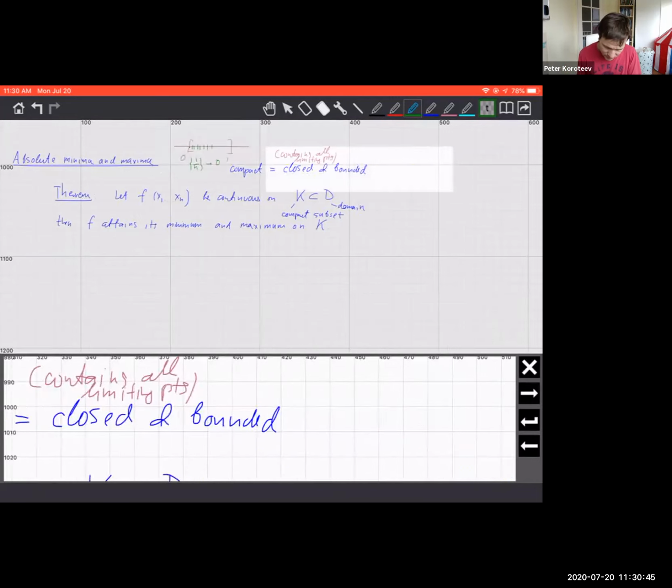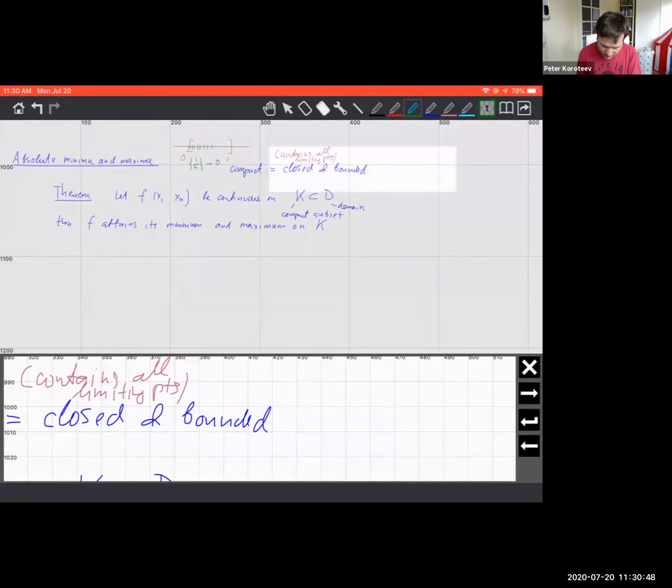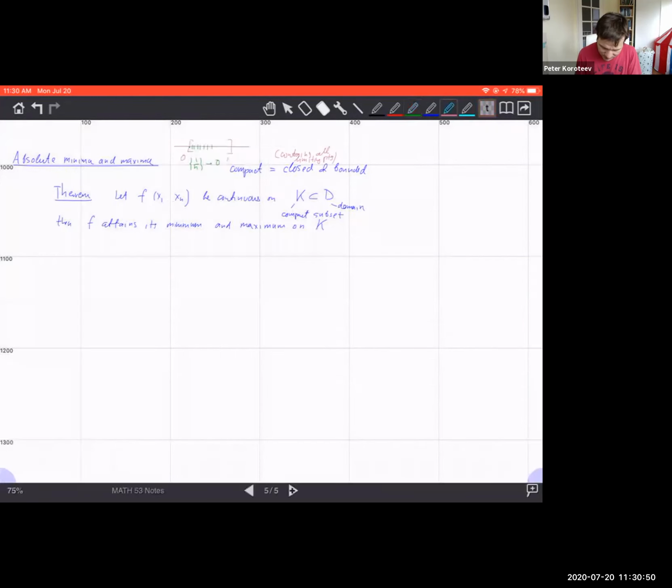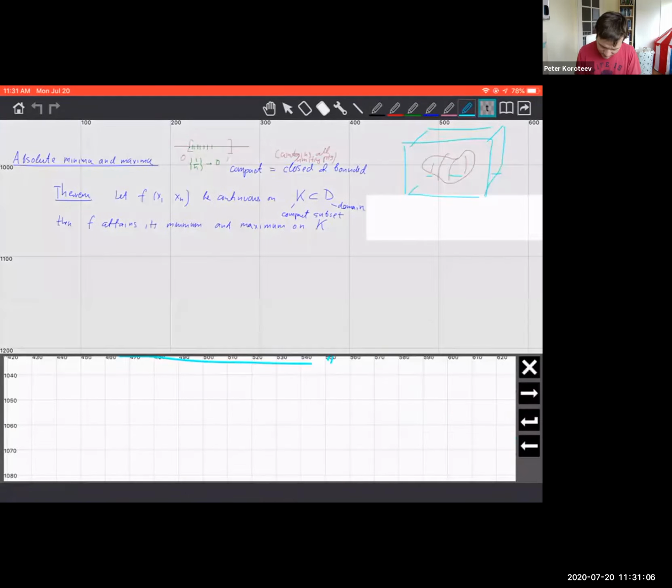Yeah, and also bounded. Now, in higher dimensions, boundedness simply means that you can confine it in some box, right? So let's say there's some shape in 3 dimensions, and you can embed it inside a parallelepiped like this, or maybe a cube.